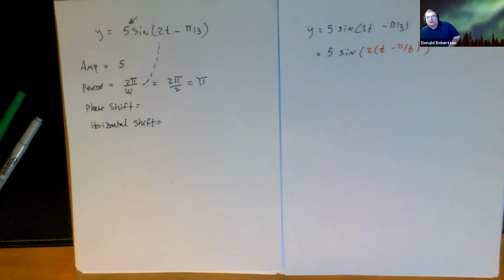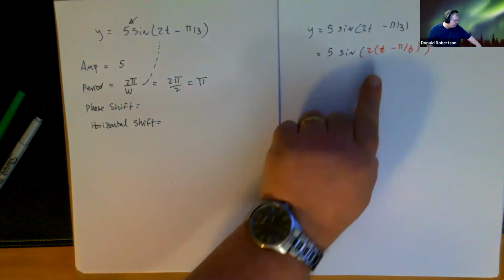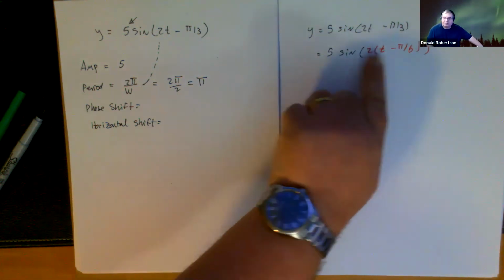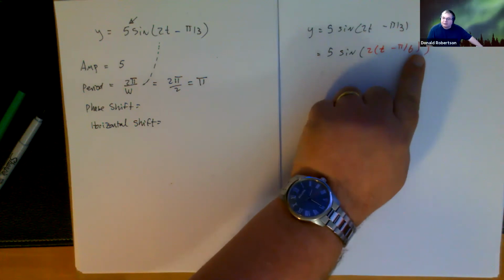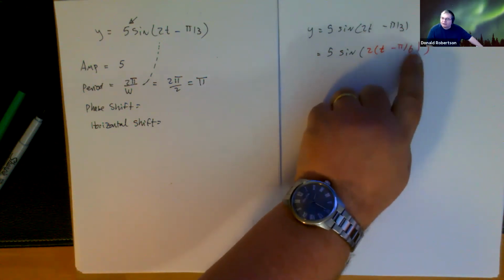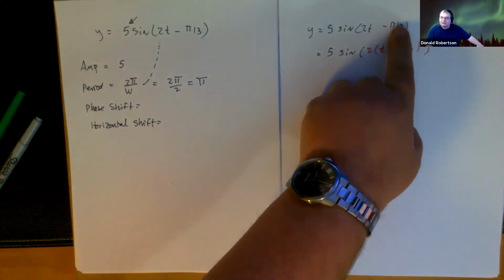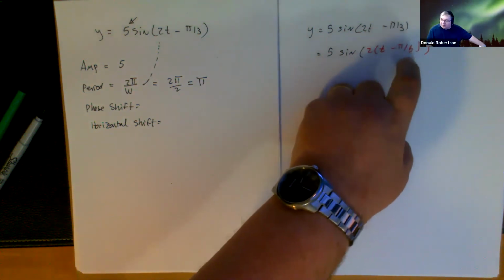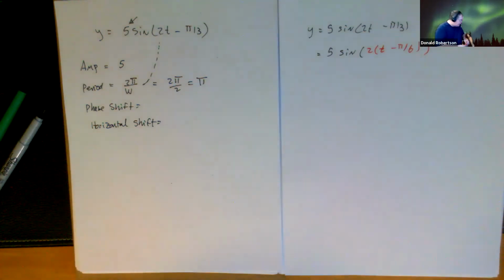Now, 2t take away pi upon 3 is the same thing as 2 in brackets t take away pi upon 6. If you multiply 2 times t, you get 2t. And if you multiply 2 times this guy, don't you get negative a third pi, right? 2 times a sixth. So do you see that this is the same thing as that? They're just written differently, but they're equivalent. Agreed?